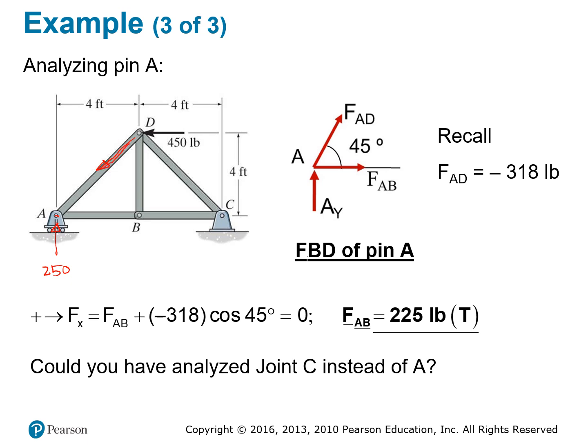Oh, this should be this way, yeah. So this way, right? So that means this one will be in this direction. And this force has to go along this member here. So here, this is the force of AB.